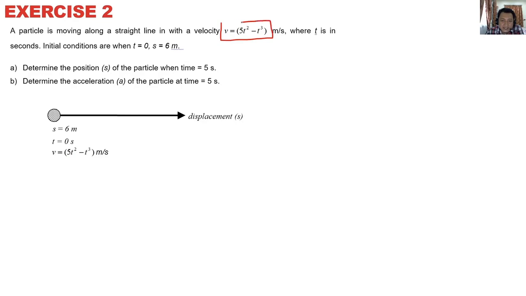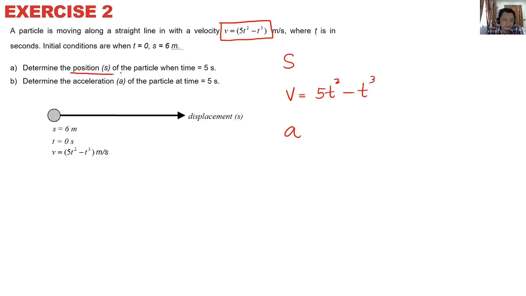Again, you have V as a function of time. So you have S, V and A. Again, this is where you are right now: 5t squared minus t cubed.